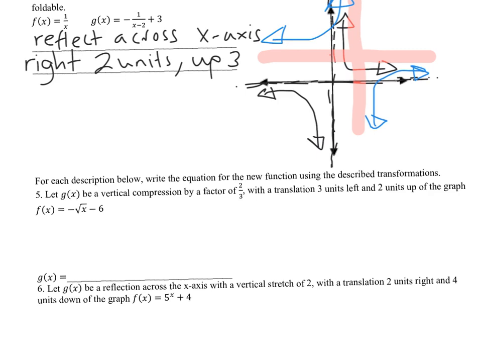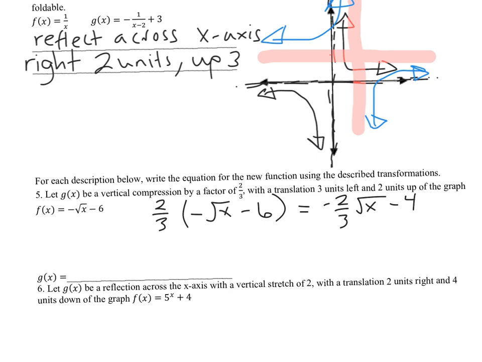So I have 2/3 times my negative square root of x minus 6. That's going to give me negative 2/3 square root of x, and then 2 times 6 is 12, divided by 3, that's going to be a minus 4. So boom.